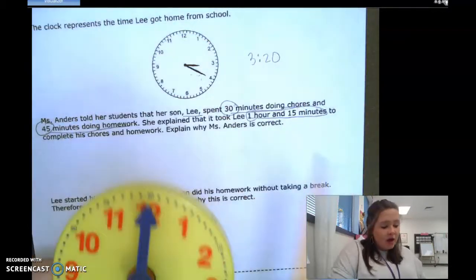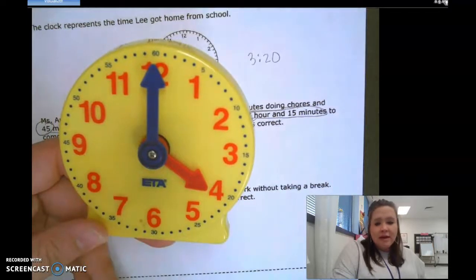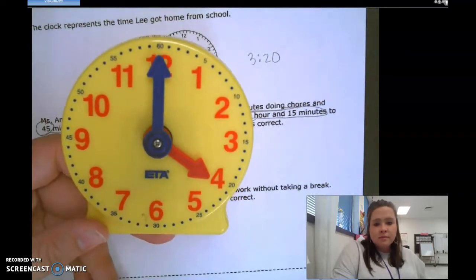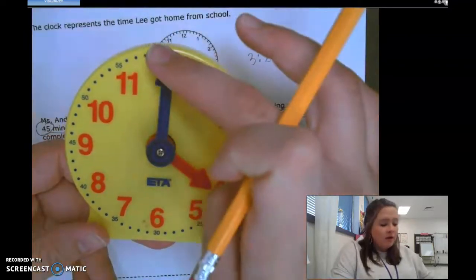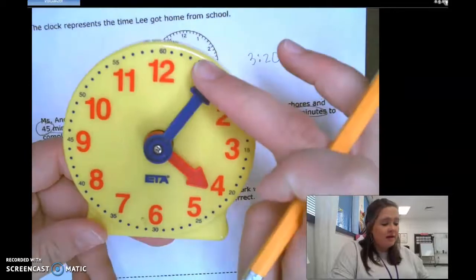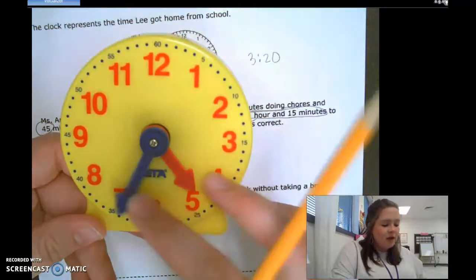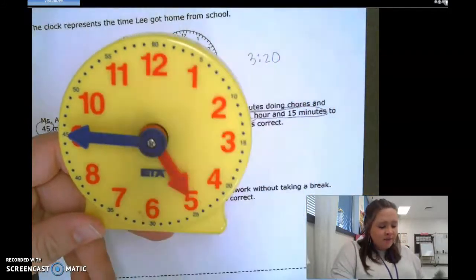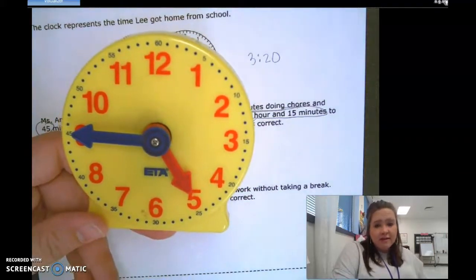So if I go 45 minutes from 4 o'clock, what time am I going to land on? Good, 4:45. 5, 10, 15, 20, 25, 30, 35, 40, 45. I've gone 45 minutes.